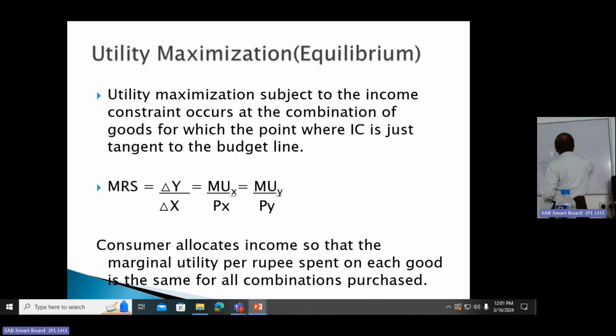Equilibrium is established by taking these two together, right? So we have the budget line and now we have the indifference curve, right?